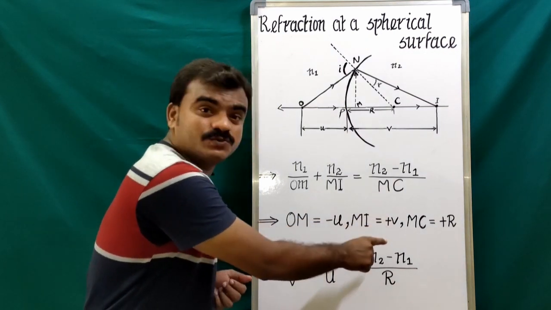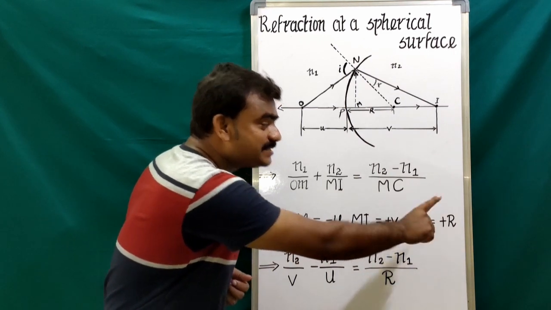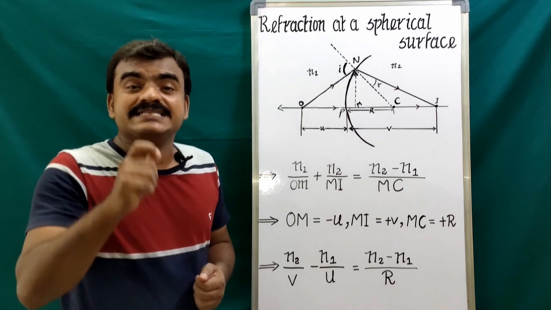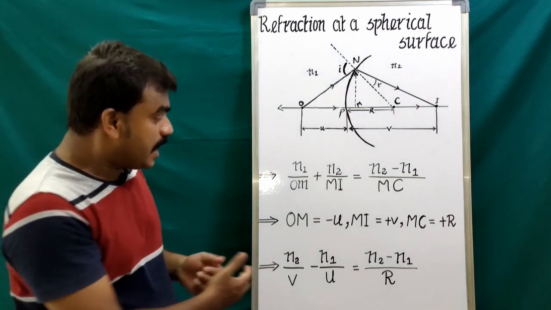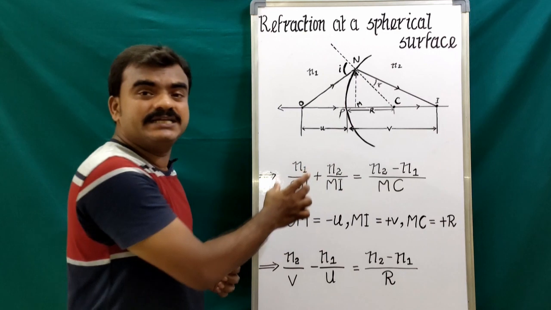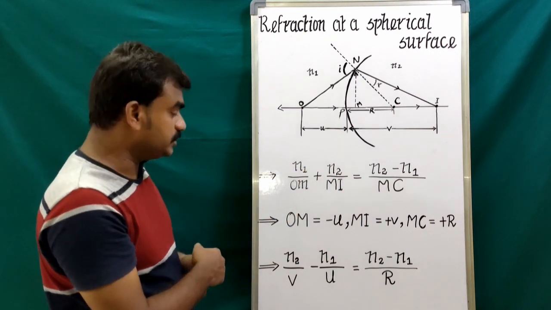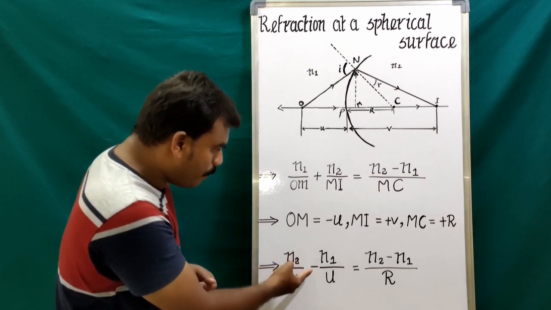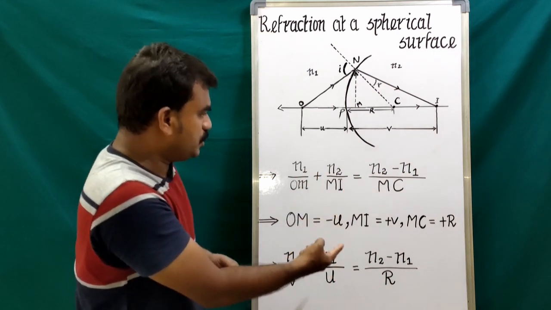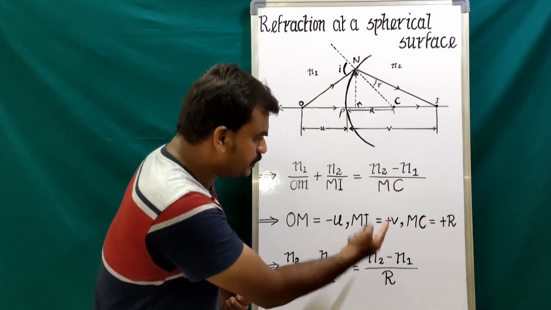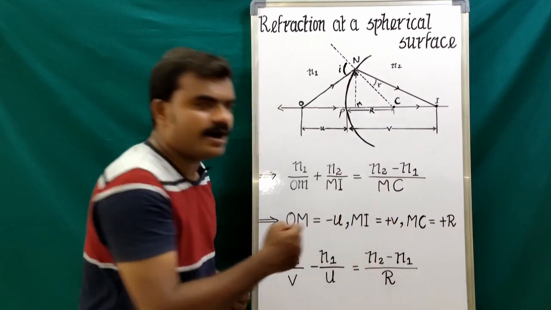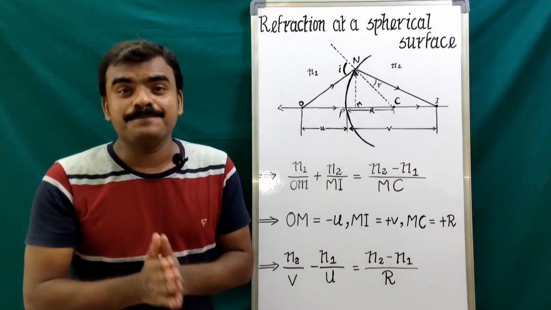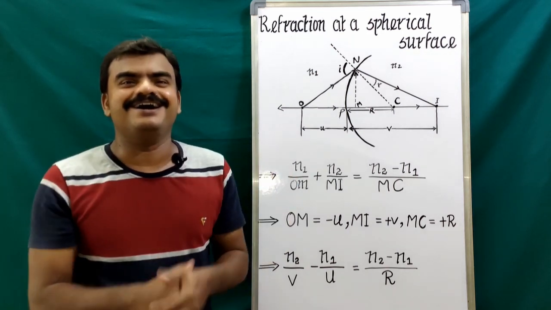Likewise, MI is plus v and MC is equal to plus R. So the plus and minus signs are according to the sign convention. If we apply these values in the previous equation, we will get N2 by v minus N1 by u is equal to N2 minus N1 by R. So finally we obtain the relationship between u, v, R.